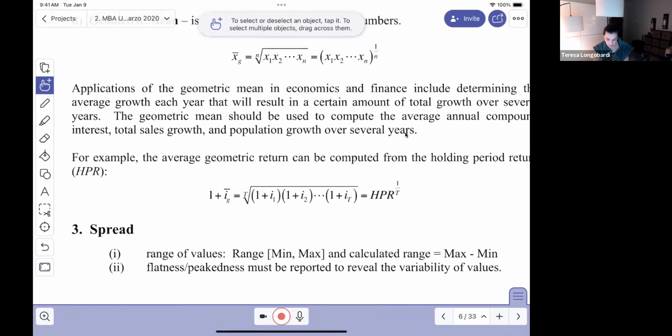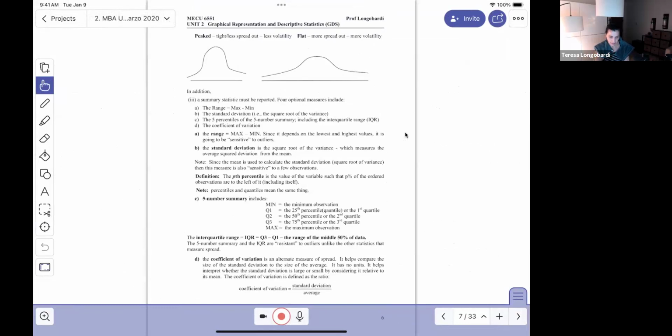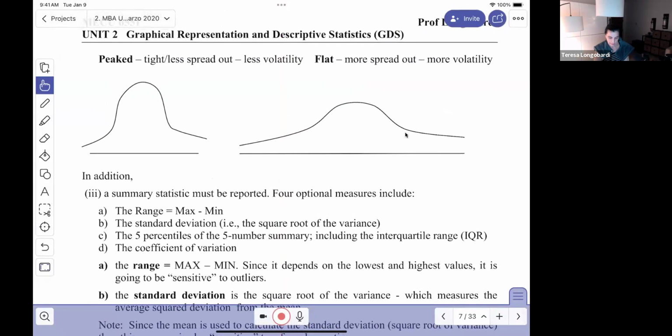Then we talked about the spread, and we talked about the different measures of spread. So here I have two symmetric distributions.